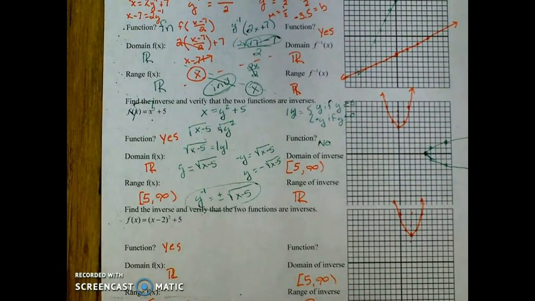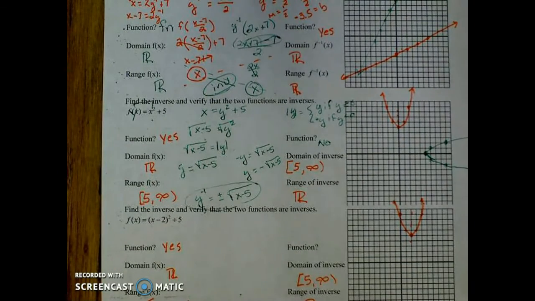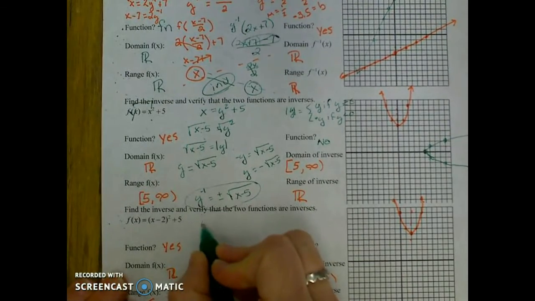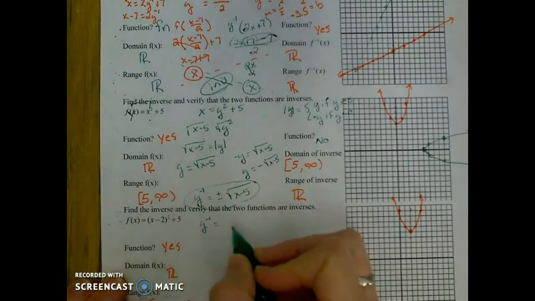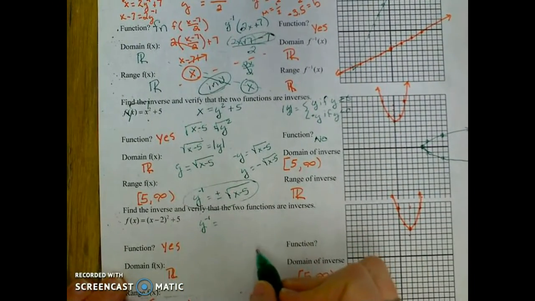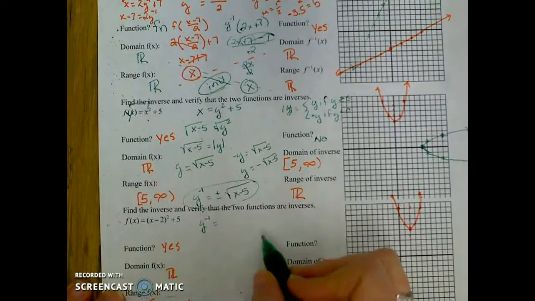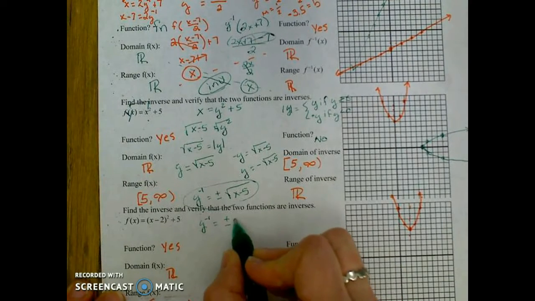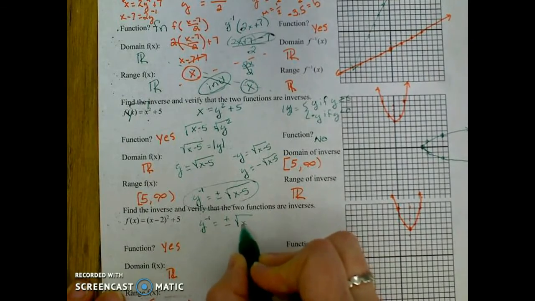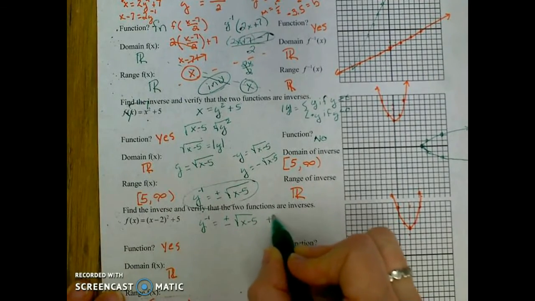I am going to simply take a quick second and just go through and find that inverse. We would go through those steps, but that would wind up giving me an inverse of plus or minus square root x minus 5 plus 2.